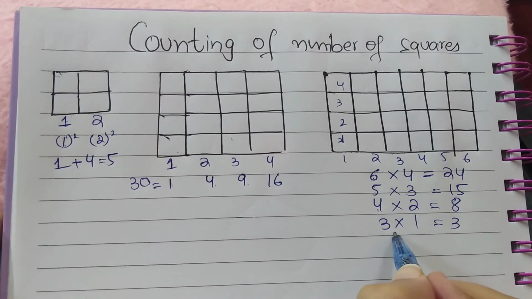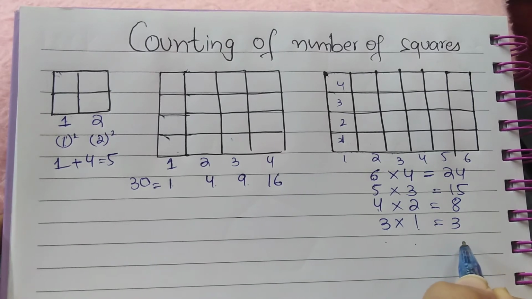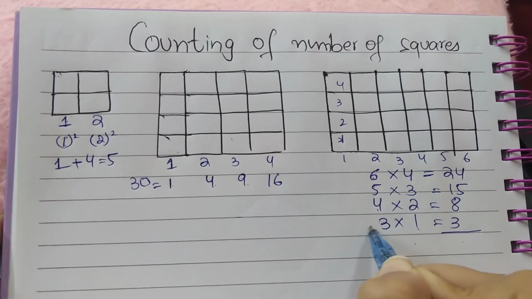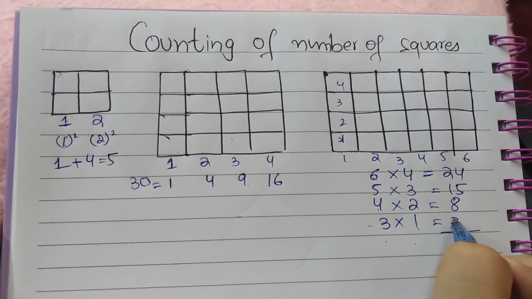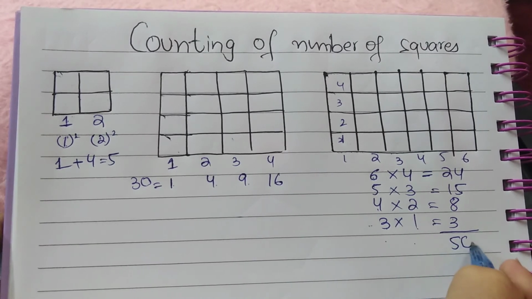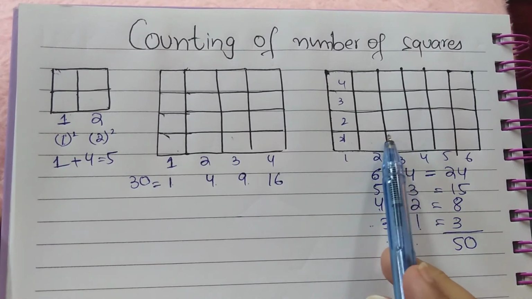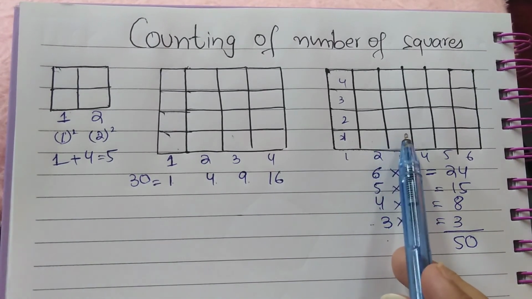In the next step, if we decrease 3, it will become 2, but 1 becomes 0, so the answer will be 0. So this is the last step. We will add all of them. 24 plus 15 plus 8 plus 3, the result is 50. So there are 50 squares in this diagram.